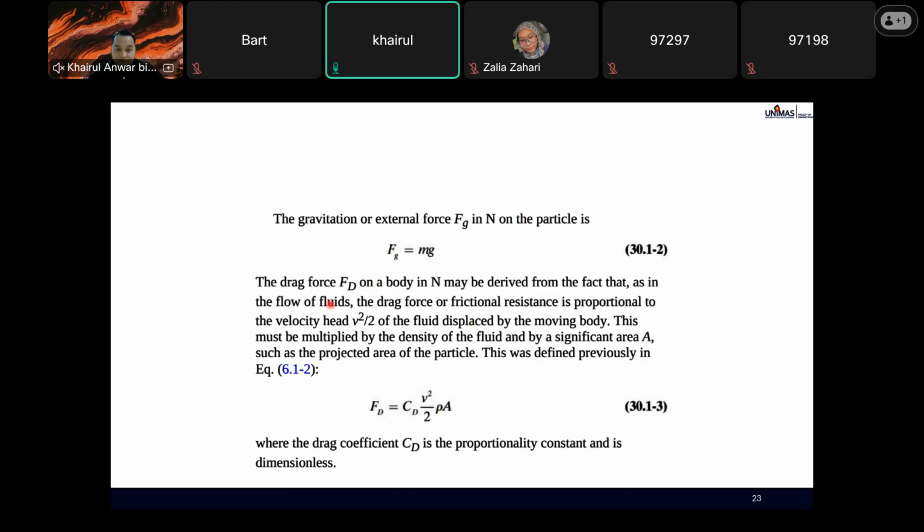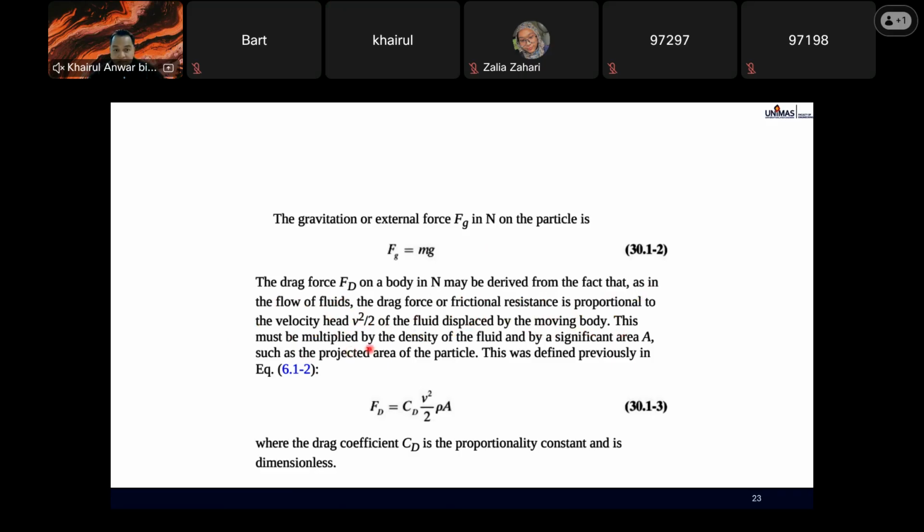Another one is the drag force, Fd, on the body in Newtons. It may be derived from the fact that, as in the flow of fluid, the drag force or frictional resistance is proportional to the velocity head v squared over 2 of the fluid displaced by the moving body.